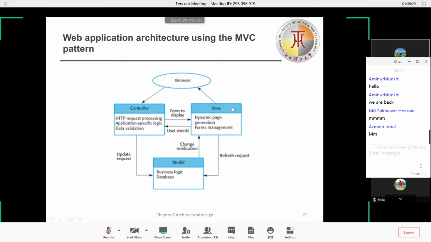For this class, we had an introduction to the architectural patterns, where we talked about the organization of the MVC, the model view controller pattern. In the next class, we'll talk more about architectural patterns in detail, with some detailed examples.